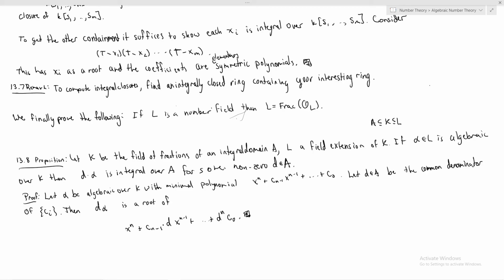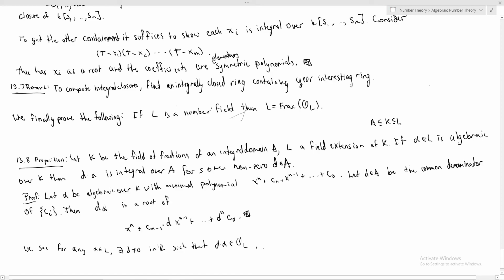Okay. So we see for any alpha in L, there exists a d not equal to 0 in Z even, such that d alpha is in O sub L. Thus, L equals the field of fractions of O sub L.